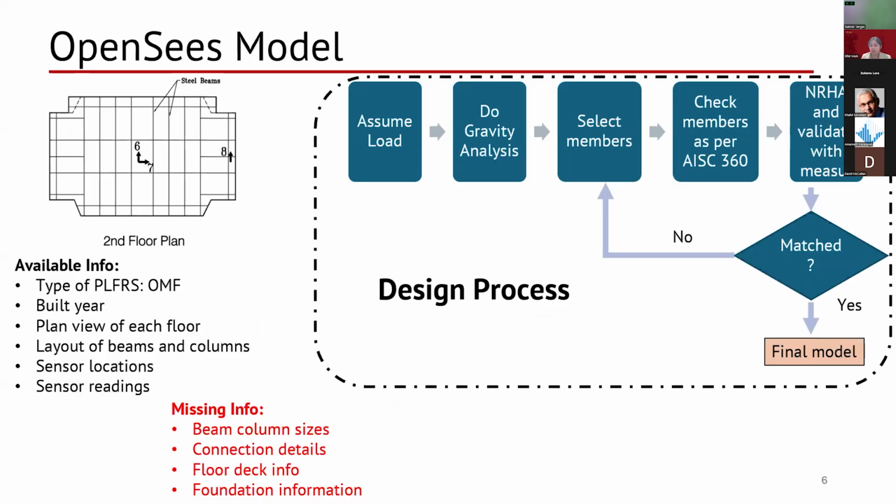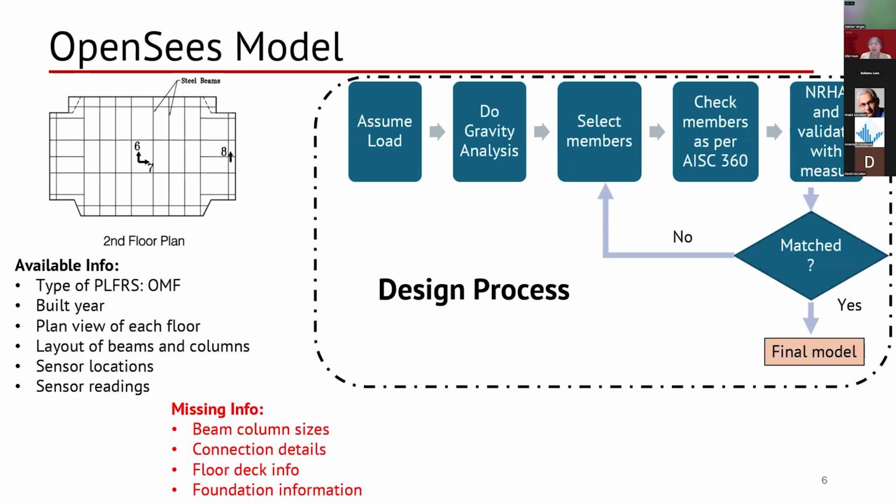We know this is not a special moment frame because it was built before the 1990s, so in the 70s. So just treated it as an ordinary moment frame. Selected members as per design guidelines, and then ran response history analysis, checked with the recorded motion. If there's a good match, then we say it's a good match.